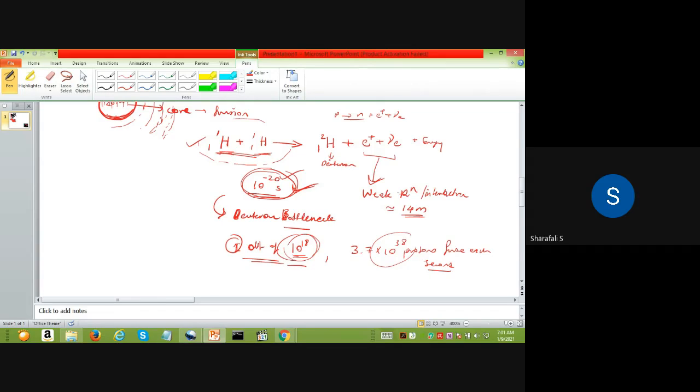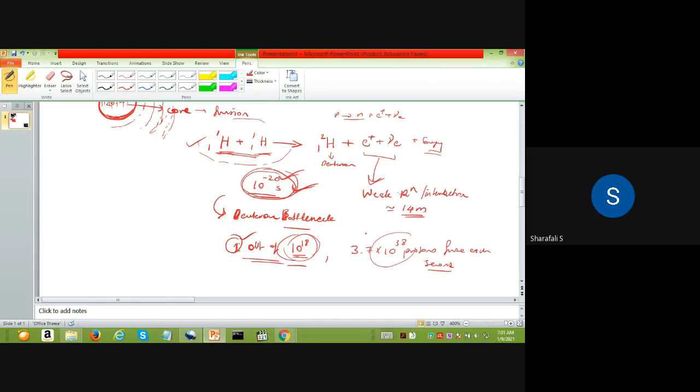It happens in such a way that 1 out of 10 raised to 18 protons undergo fusion, and for 1 second, the order of 10 raised to 38 protons fuse and produce energy.